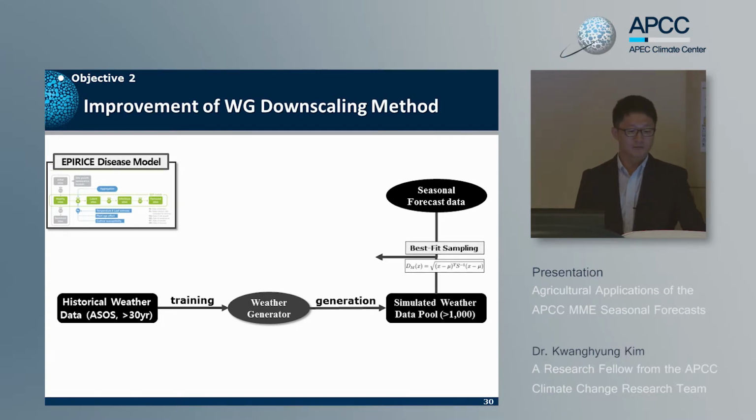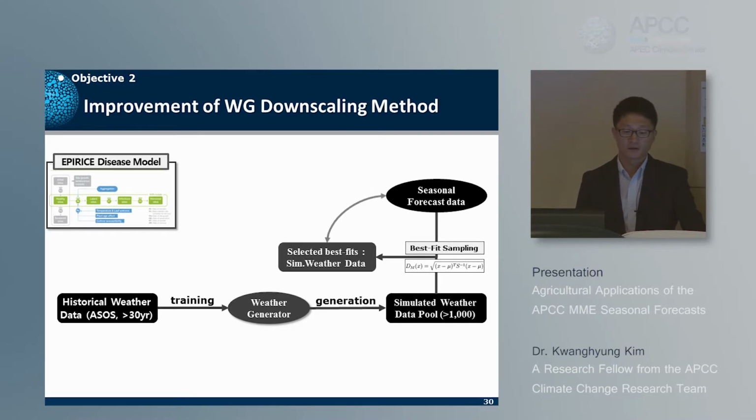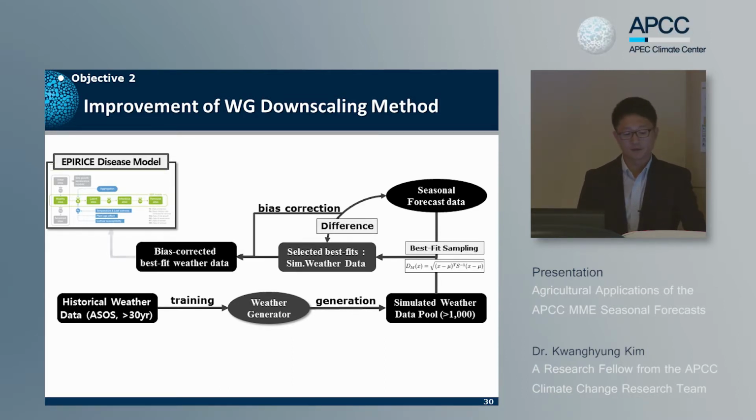You select the exact value of forecasted temperature and precipitation from this weather data pool using the best fit sampling method. Once you select the best fit weather data, then you go through another bias correction step to adjust the difference between forecasted data and selected best fit data. So finally, you get bias corrected best fit weather data for this EPIRICE disease model.